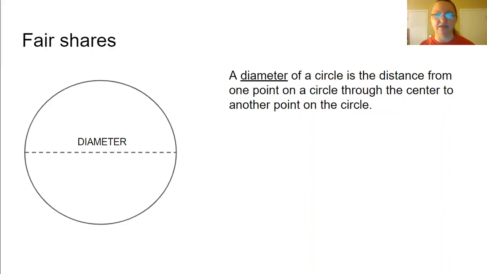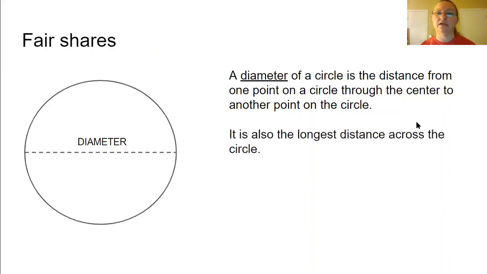It's got to be through the center of the circle. It is also the longest distance across the circle. So if I were to consider any other chord, meaning a line segment that touches the circle on 2 points, any other segment going across would not be as long as the diameter.